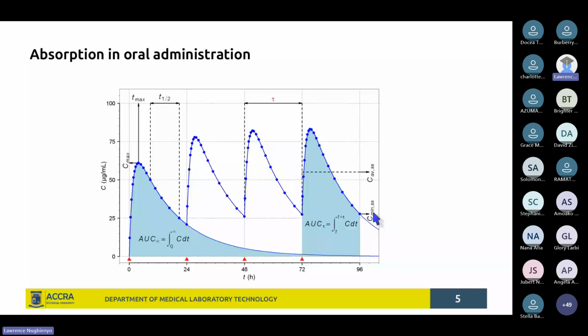Now, what we can say about this is that the space between the minimum therapeutic concentration and the maximum therapeutic concentration, that distance gives you what we refer to as a safety corridor, which is to say that it is within that concentration range that you can have a therapeutic effect of a drug.